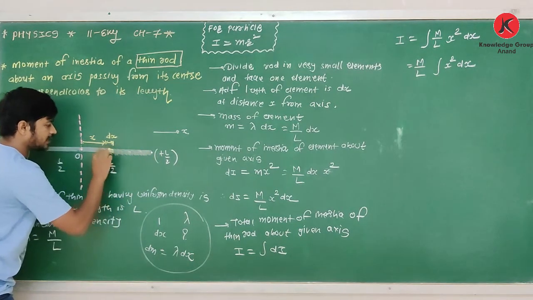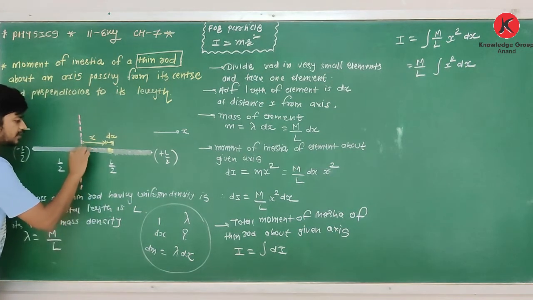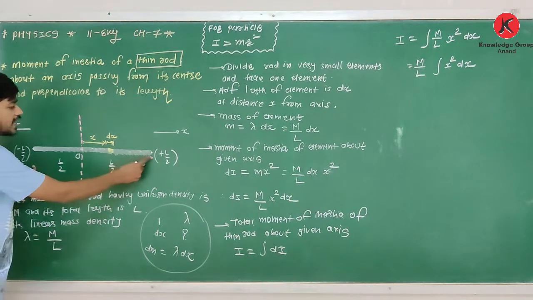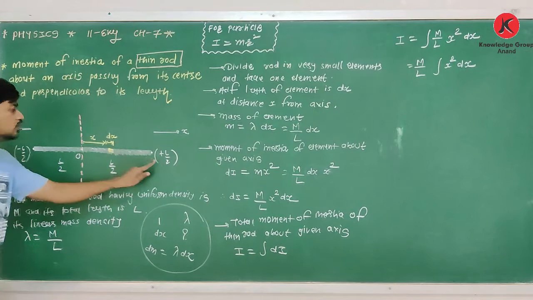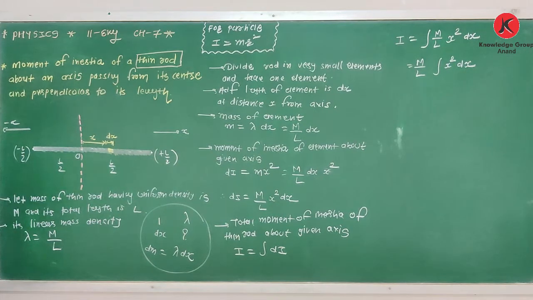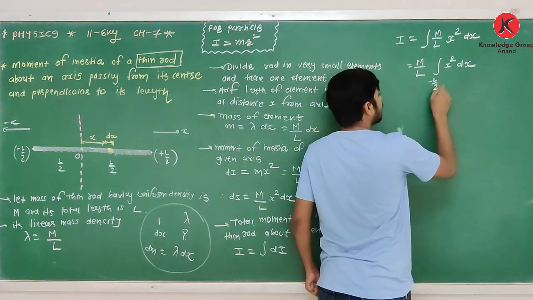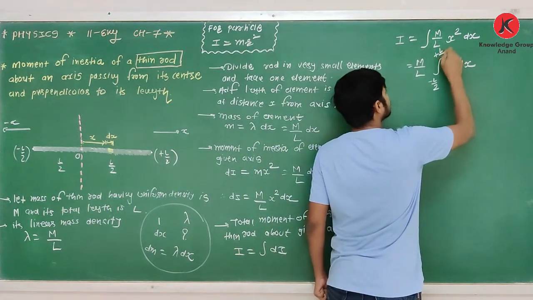So it indicates the limits of integration. You have to take the addition between minus L by 2 and plus L by 2. You have to take the integration from minus L by 2 to plus L by 2. So yes, here you have to write the limits minus L by 2 to plus L by 2.